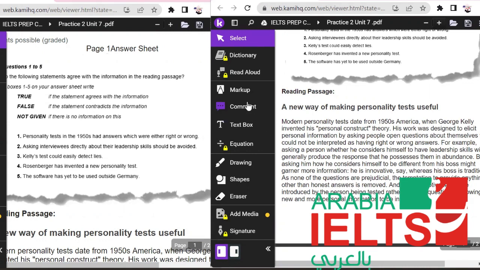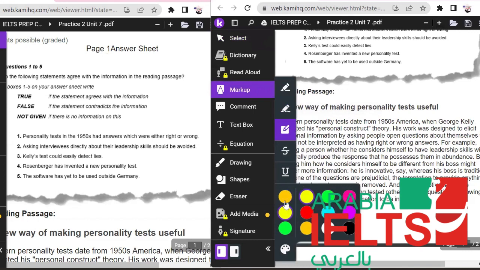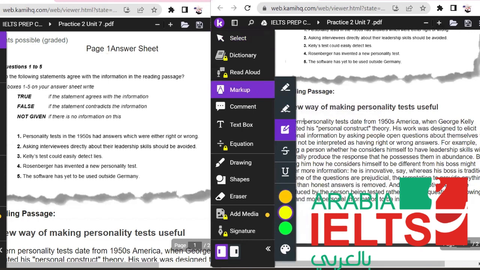We have to select our keywords like personality tests, factual information like the 1950s, and whether the answers are right or wrong. Okay, answers right or wrong.